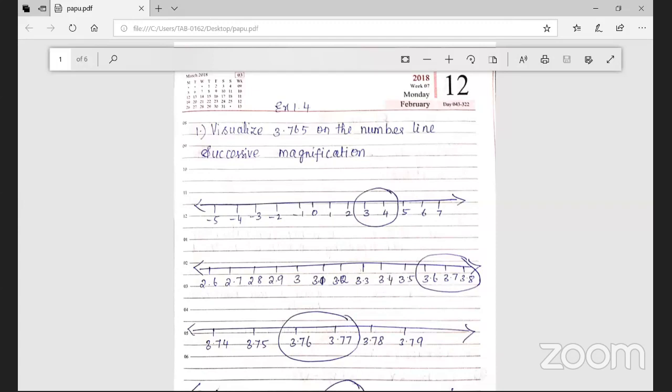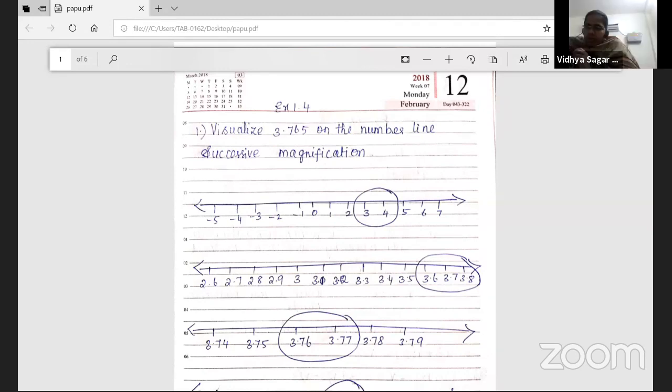The decimal expansion of a rational number is either terminating or non-terminating. If terminating, we'll get a 0, but for non-terminating, we won't. And irrational numbers cannot be written in the form of P by Q, where P and Q are integers and Q is not equal to 0. Its properties are non-terminating, non-recurring, that is non-repeating.